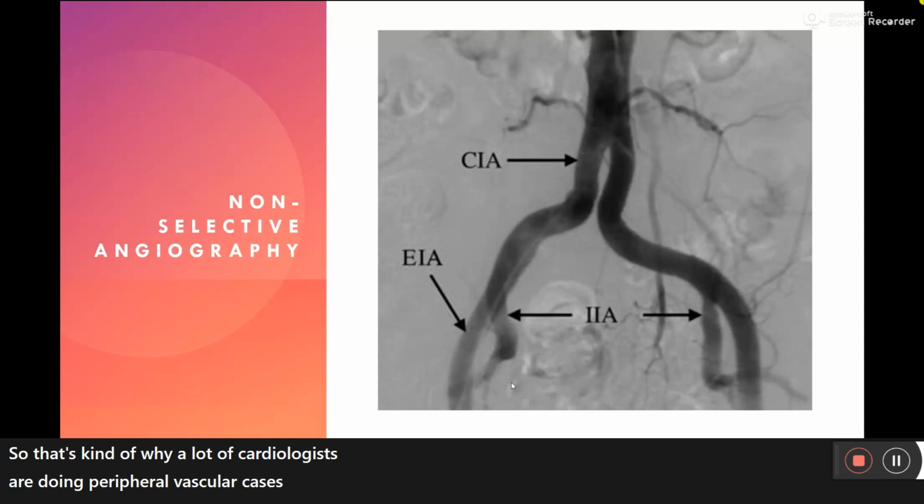So I say that to get us into the different types of angiography. When we're doing different types, it's either going to be a non-selective angiography or selective. Usually when we're doing a lower extremity or abdominal angio, it's going to start with a non-selective angiogram.